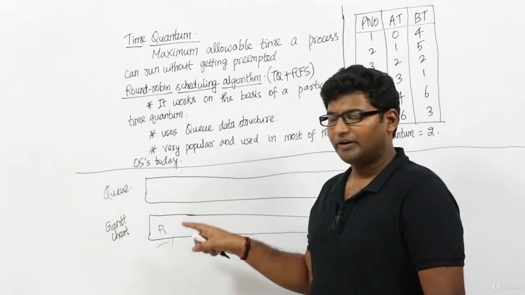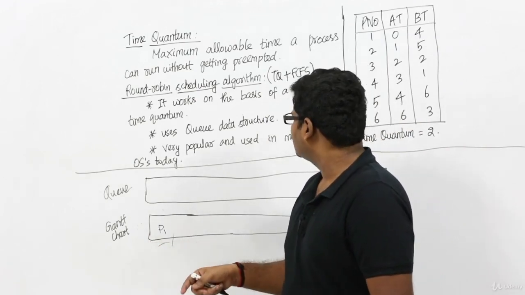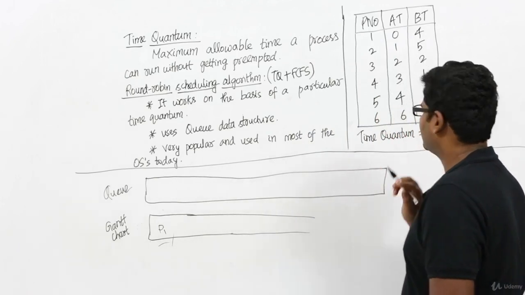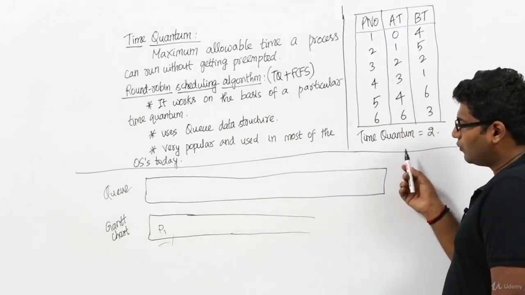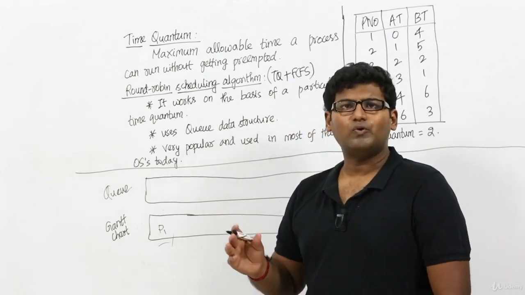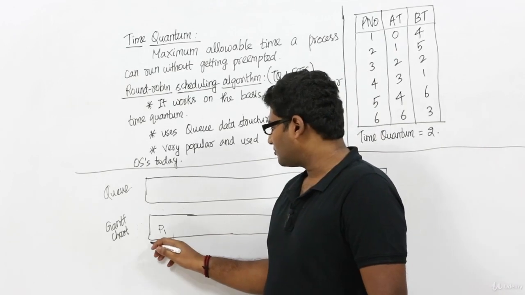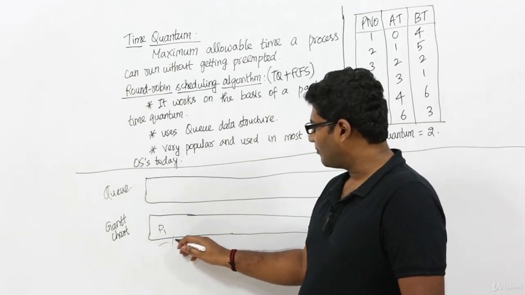We don't do that here. We execute it only for one time quantum. Let us assume time quantum equals 2 time units. Then we cannot execute a process for more than 2 time units without preemption, which means whenever we start with process P1, we execute it for 2 time units.